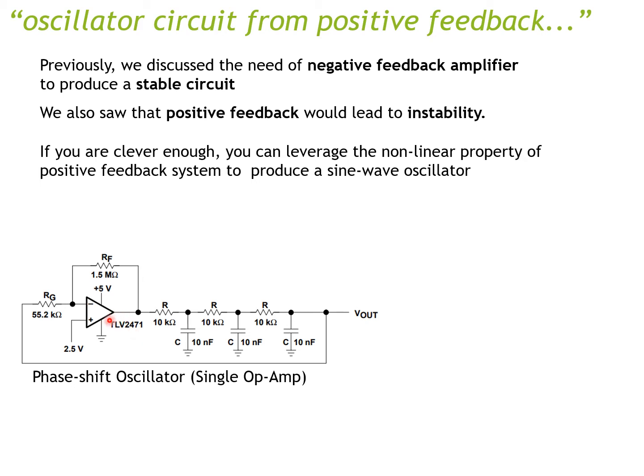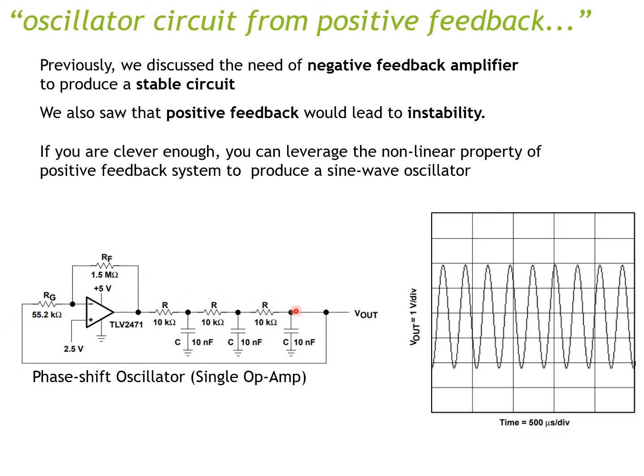This op amp amplifier provides an output. Then the output is fed back to the input, right? Then what you have for the output is actually an oscillating sine wave.